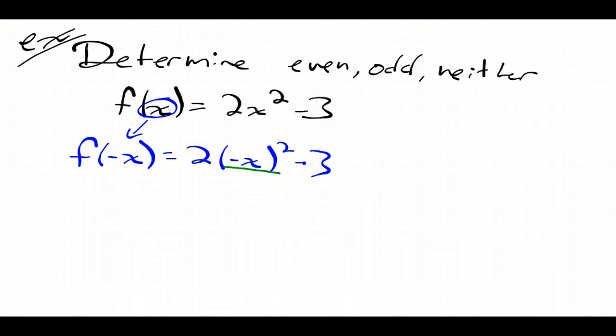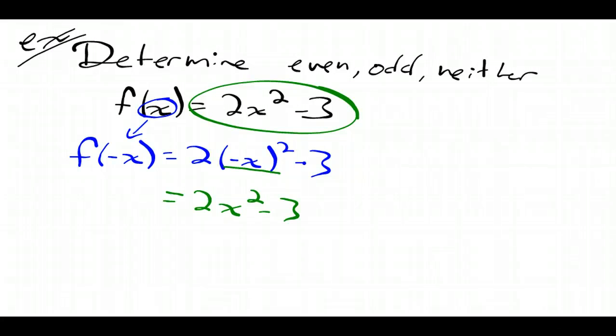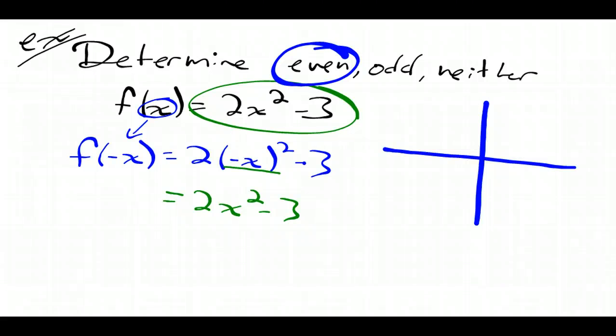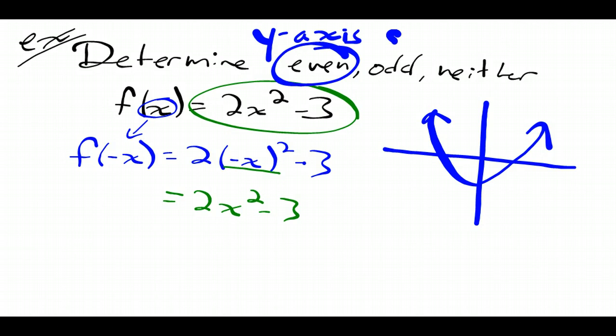Well, negative x squared is positive x squared, so really this is 2x squared minus 3, which is exactly like your original function. So since it is exactly like your original function, we have an even function. And if you were to look at your graph, 2x squared minus 3 does something like this. Even functions also have y-axis symmetry.